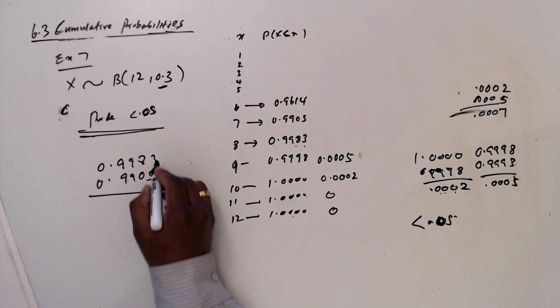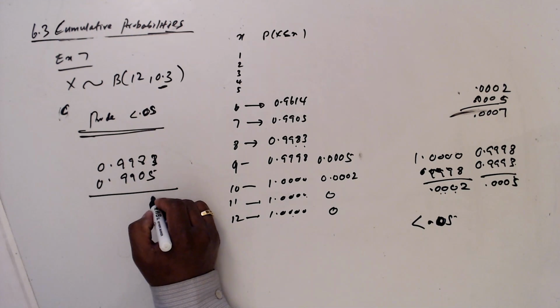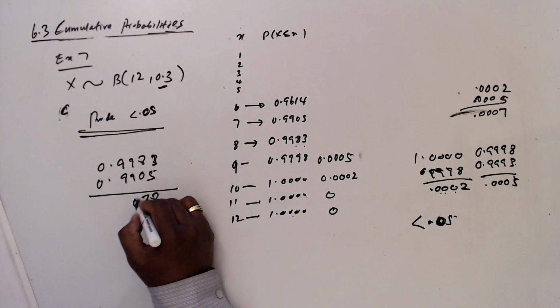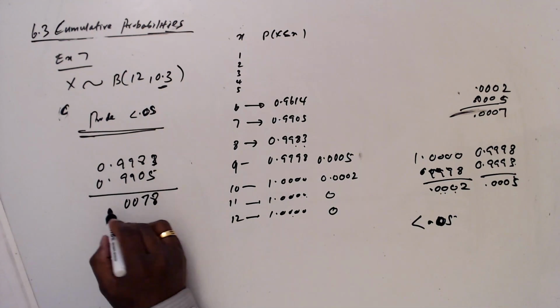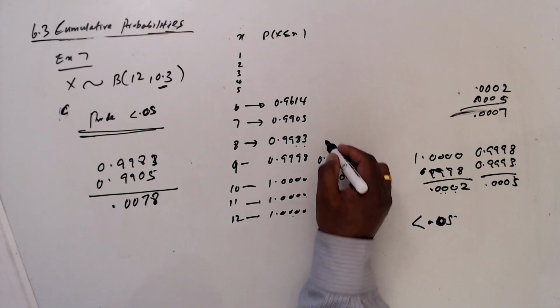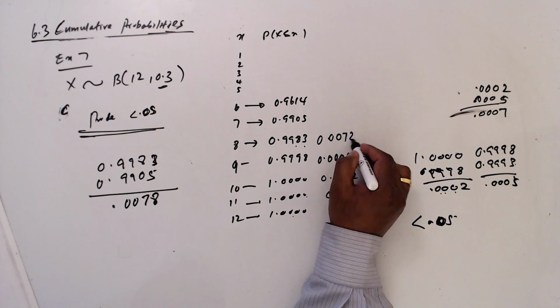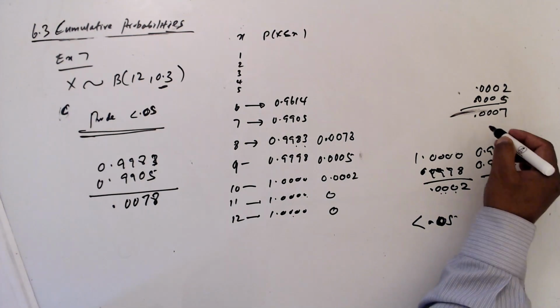So this value is going to be 13 minus 5, 8, and 7 minus 7, this is 0. So that is going to be 0.0078.